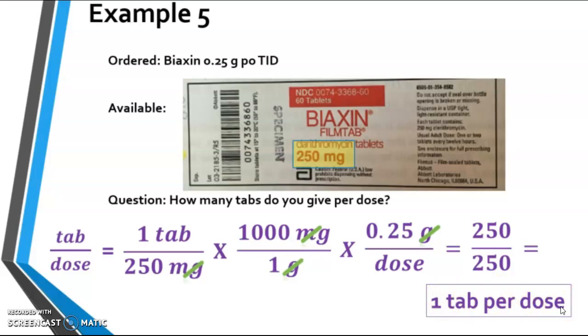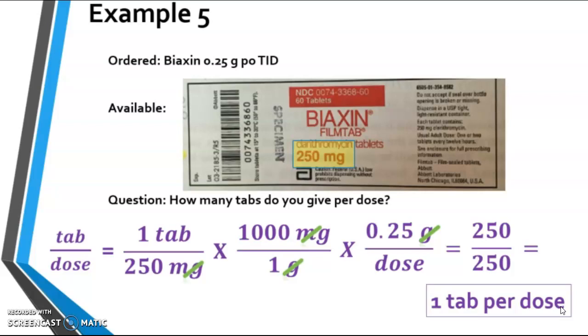Now, something else to keep in mind, and we'll discuss more of this later on, but when you're figuring out how many pills to give to somebody, it needs to be a decent number. If your answer came up to be 87 tablets, no, you're not going to give somebody 87 pills. Also, keep in mind that you're not going to give a weird fraction, a weird piece of a tablet either. If your answer came up to be a 1.6258 or something, you're not going to bust apart a pill into that small of a piece.